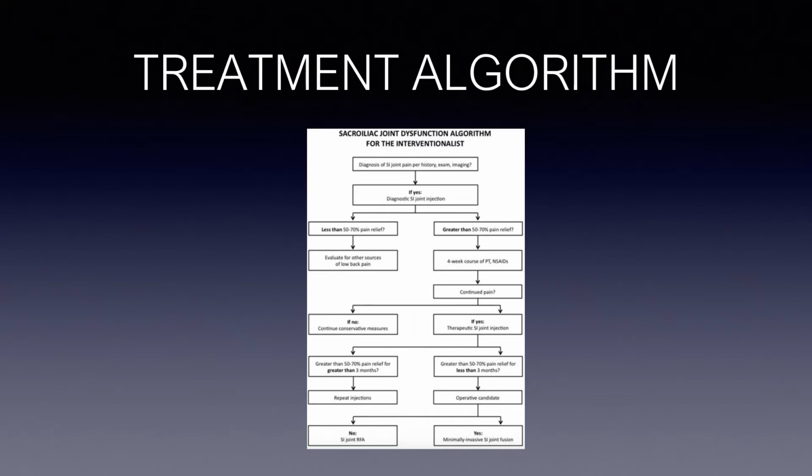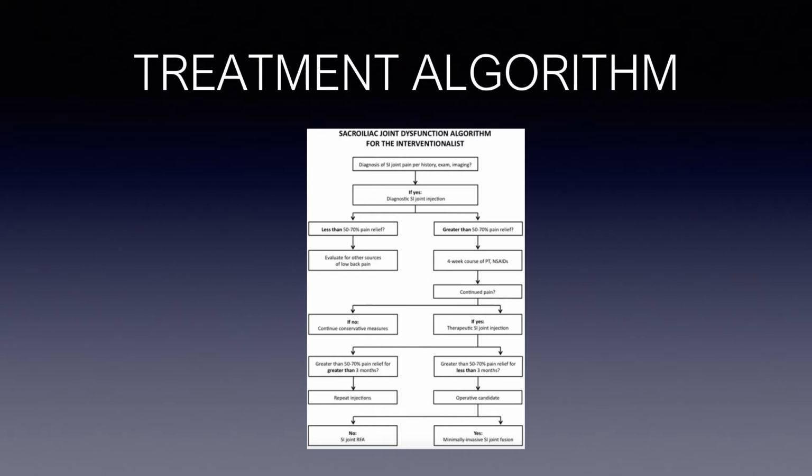If the patient gets greater than 50 to 70% of pain relief, in this group of patients, we give them 4 weeks of physical therapy, NSAID. And if the patient continues to have pain, we give them another sacroiliac joint injection. Again, if the pain gets better, more than 70%, we proceed with surgical intervention.